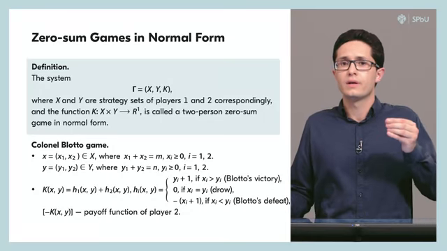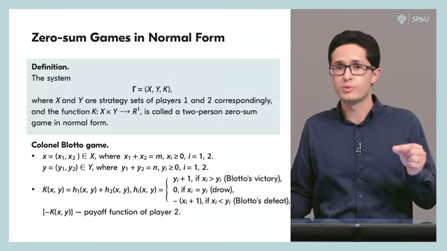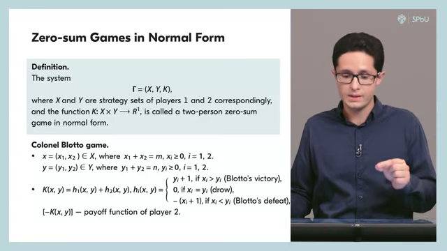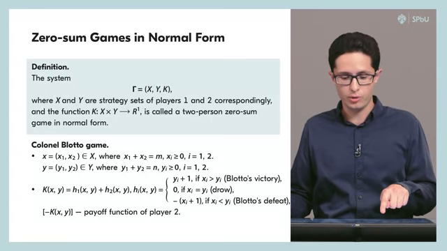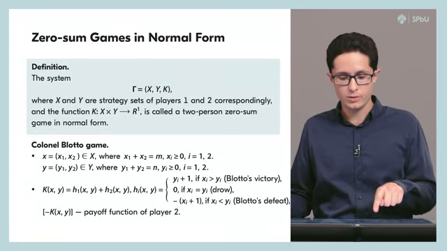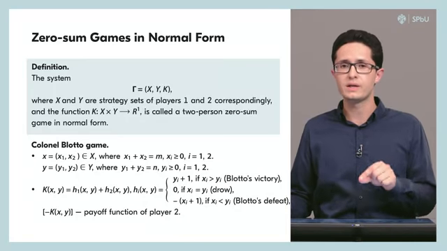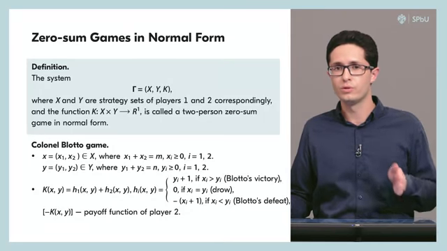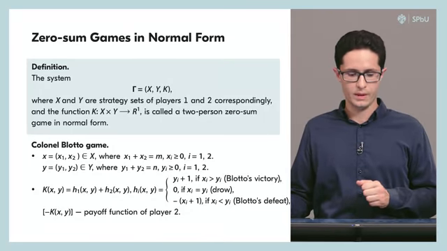Of course, the total number of regiments for both players is fixed, and for Colonel Blotto, x1 plus x2 is equal to m. It means that he needs to allocate exactly m regiments on 2 battlefields.